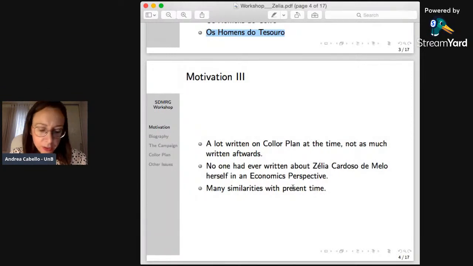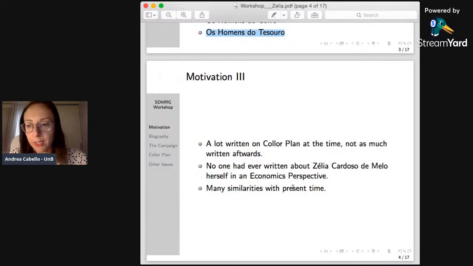And another thing that motivated me was that the Collor government itself has many similarities to the government that we're living right now, the Bolsonaro government, because it was a government that intended to propose many reforms and tried to push for a strong fiscal adjustment agenda.